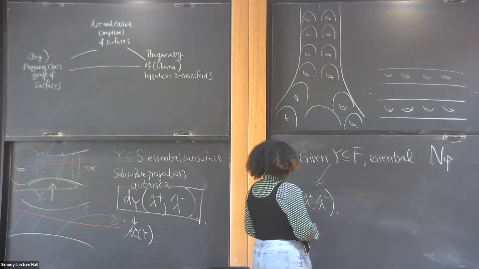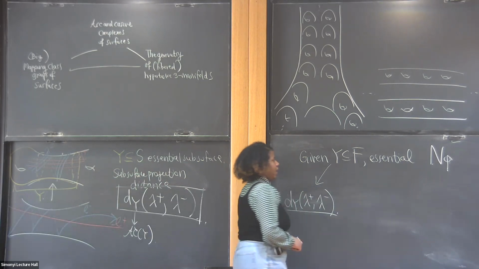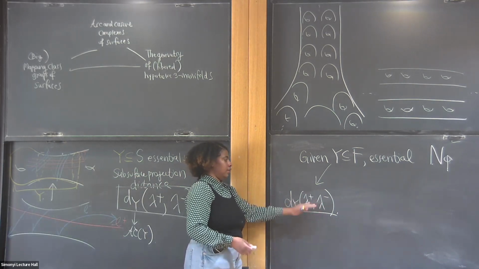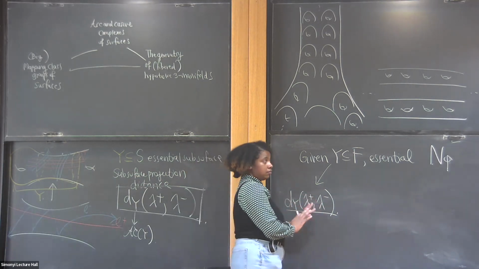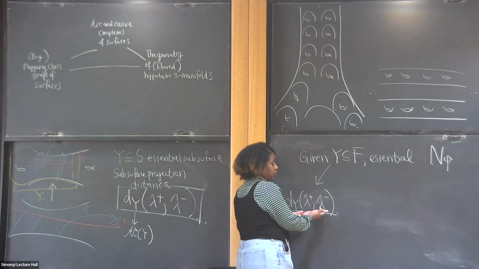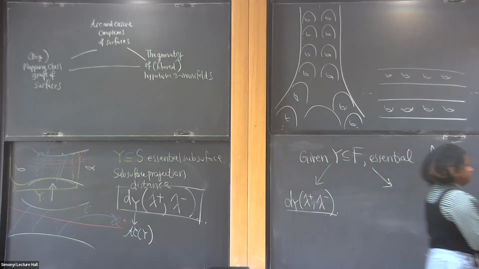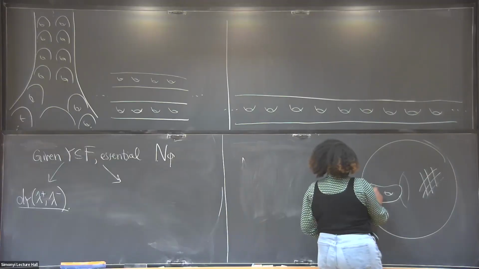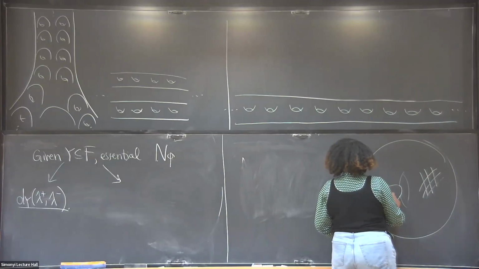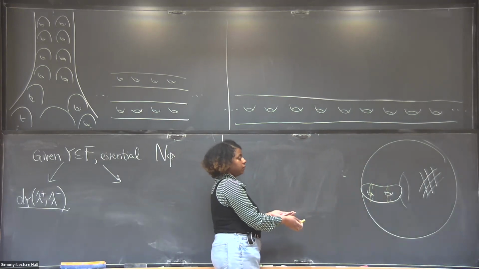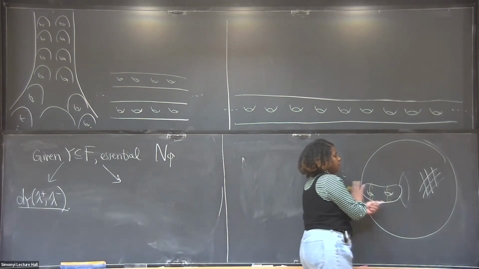Okay, so I have this subsurface projection distance that's telling me something about the homeomorphism, because it's telling me about these laminations. On the other hand, if I have some subsurface, let's just say this one, I know it's a subsurface of the mapping torus M_phi. And this is kind of a misleading picture.